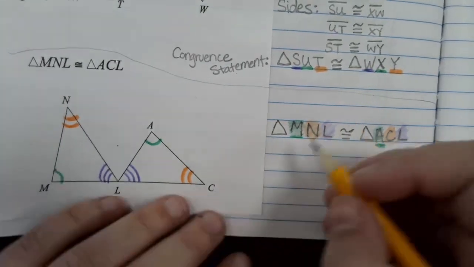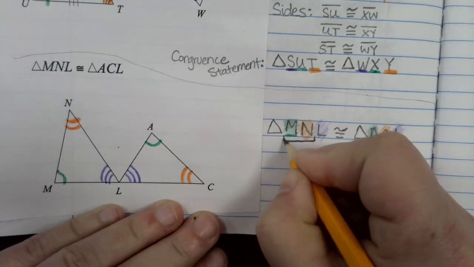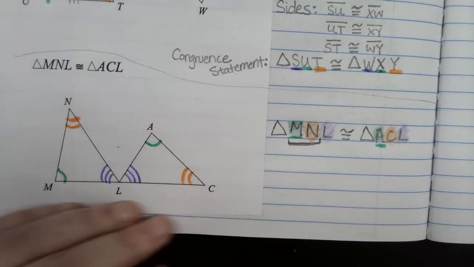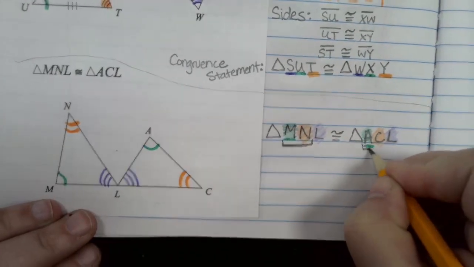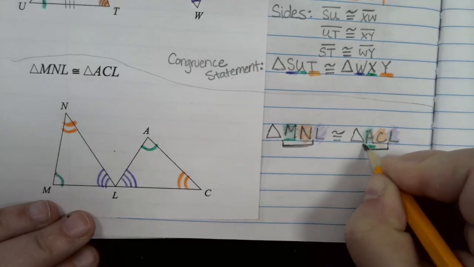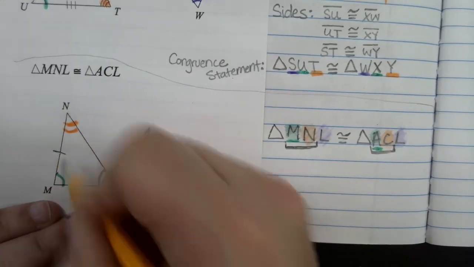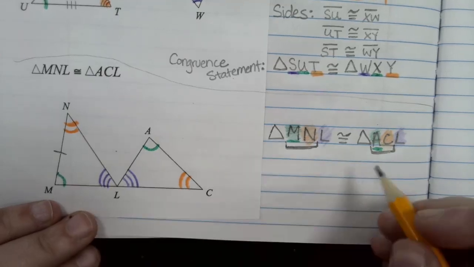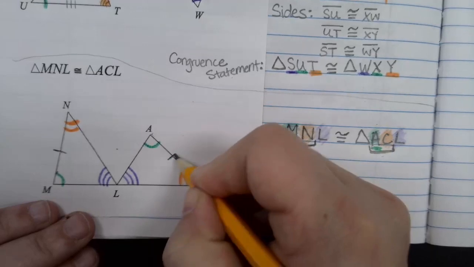I'm going to think about these first 2 parts. MN is going to match with AC. So M to N, I'll give that 1 tick mark. Matches with AC. AC gets 1 tick mark.